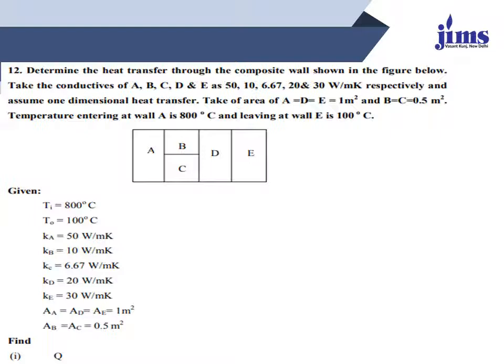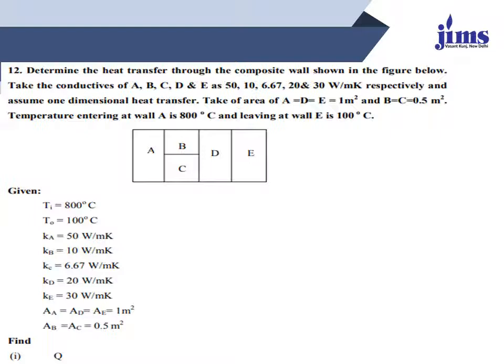The area of the B and C walls is 0.5 meter square, and we assume this is the inner side and this is the outer side. The hot gases enter through A and leave at the E side.